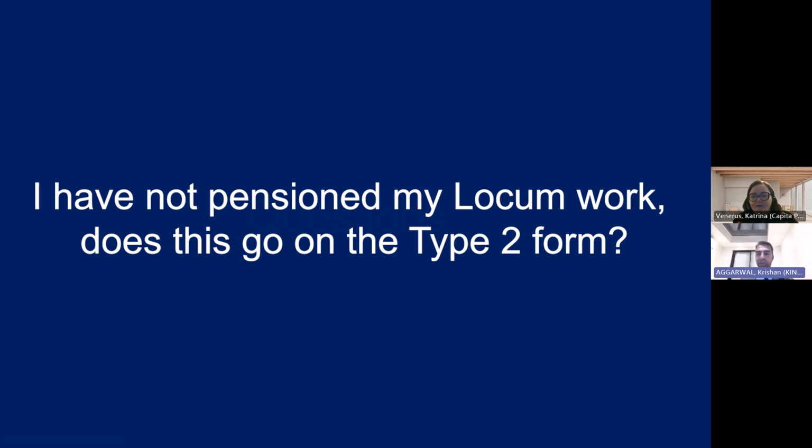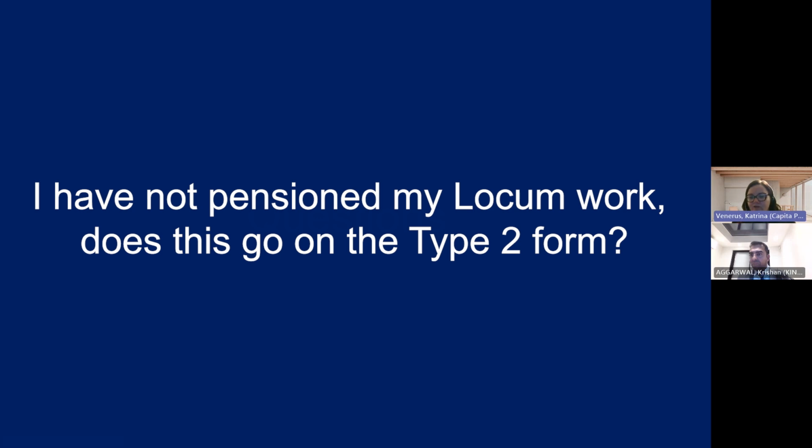If you look on the BMA website, we've done some good web pages that you may want to consider. I think it's good to get that advice in for going forwards. But for the 23-24 year, if we have a GP who didn't pension under the 10-week rule in that year, then as you've said, Krishan, that doesn't get included because it can't be pensioned now, can it? But going forwards, obviously people can change their mind and start pensioning their locum work when they wish to.